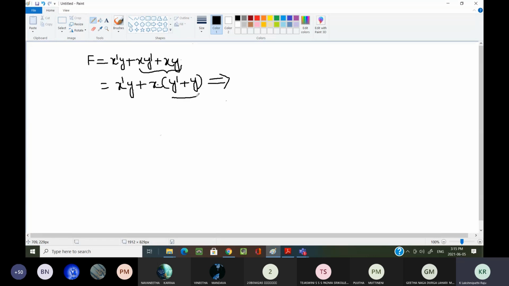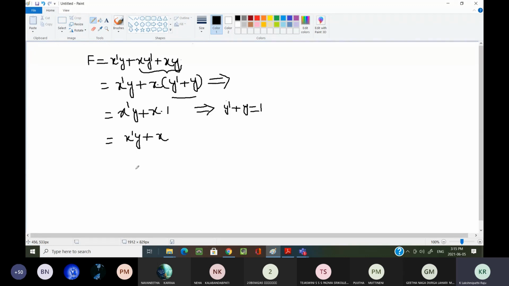Now by using your law, you can write it as x dash y plus x into 1. Here I need to write, by using the law, y dash plus y equal to 1, or you can write it as the complement law. Whatever law we have used, you can write that law. Now next, this will become x dash y plus x.